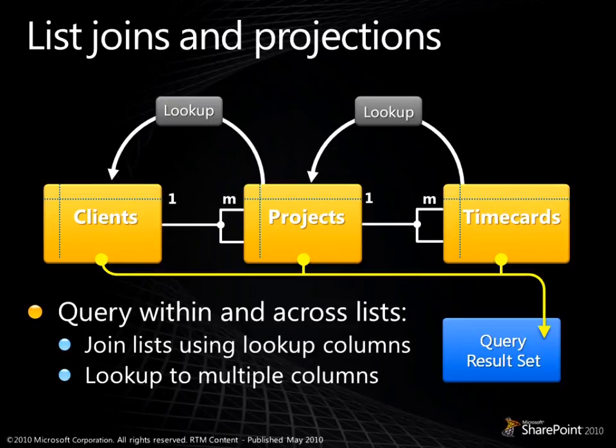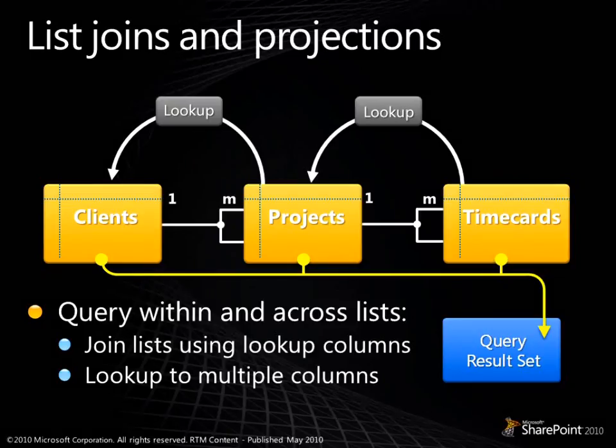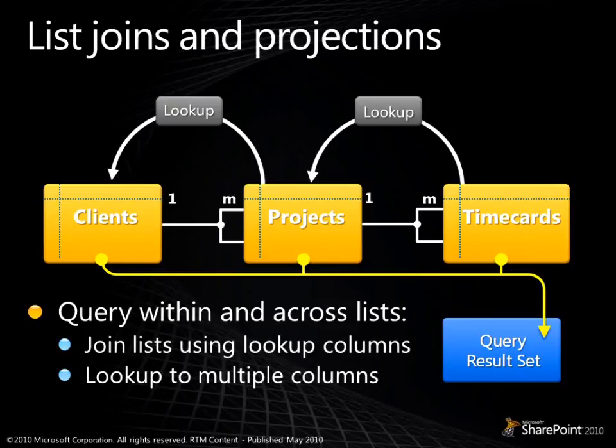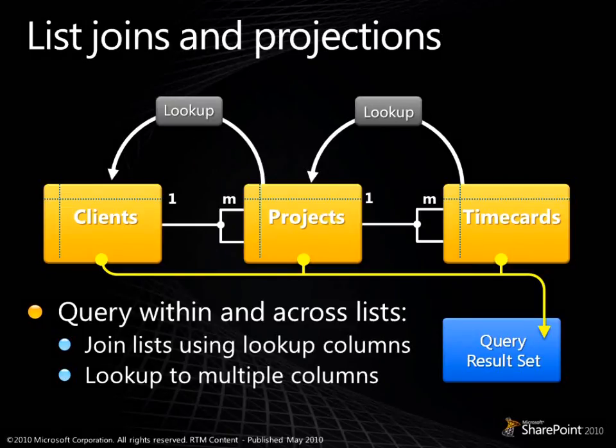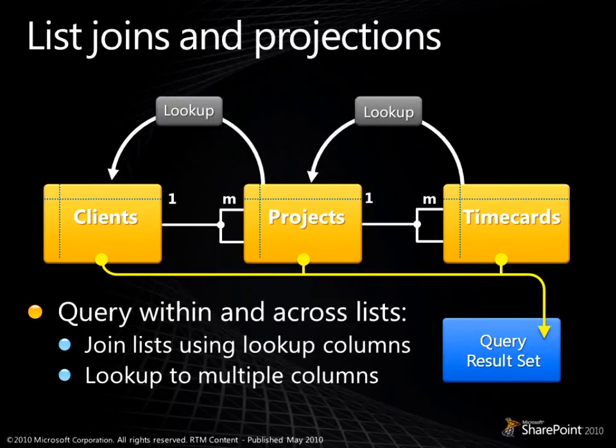These fields would automatically reflect any changes on the associated client. Joins are something that developers can create using the object model for their web parts or within their web parts. This way we can get additional projected fields from a list to our query results. Let's cover this option in more detail on the following slide.